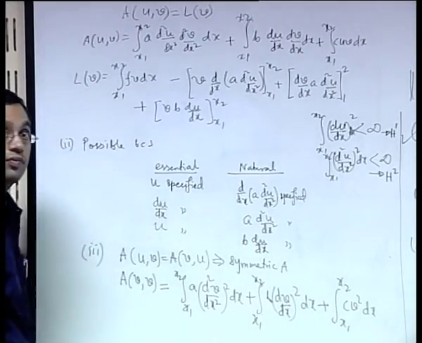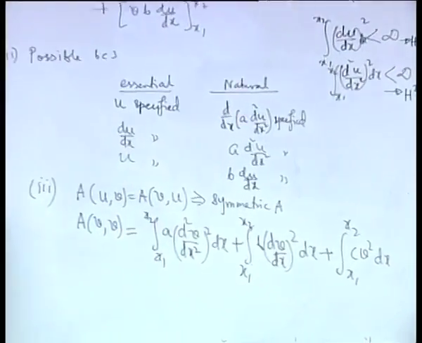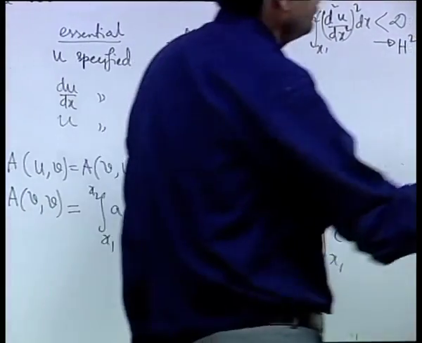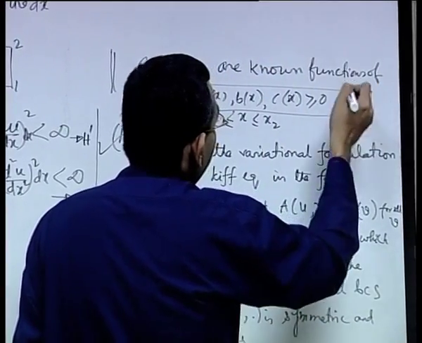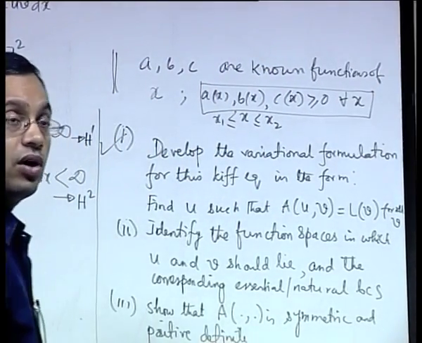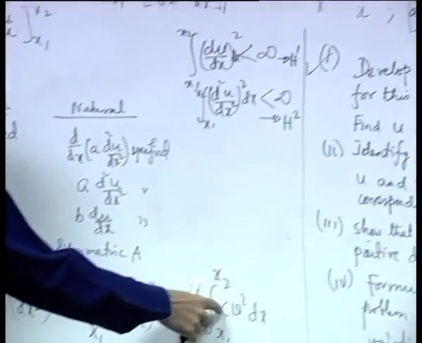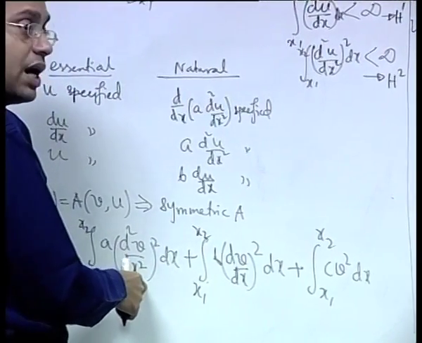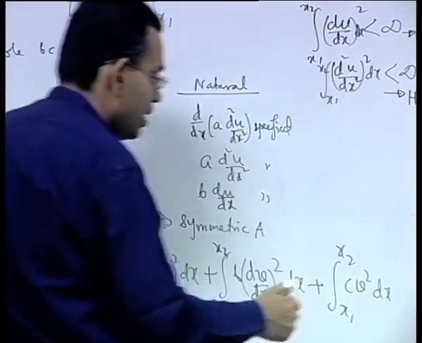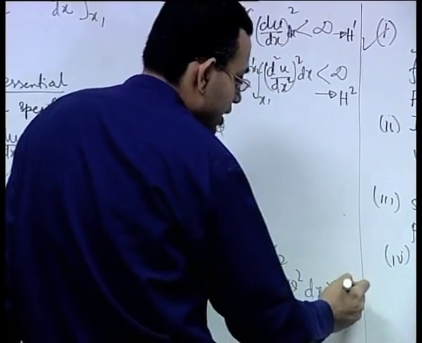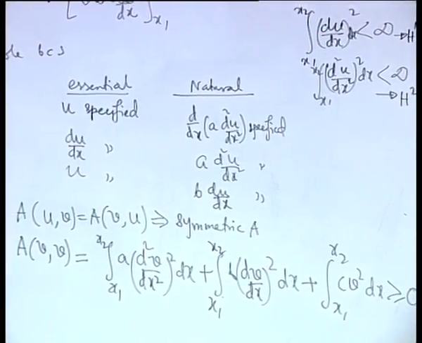So, this is the expression for A(v, v), and if you look into the given condition, small a, small b, small c are all greater than or equal to 0 for all x. So, small a, small b, small c are greater than or equal to 0 and their multipliers are also greater than or equal to 0. So, we can see that A(v, v) is greater than or equal to 0. So, it shows that it is positive definite.